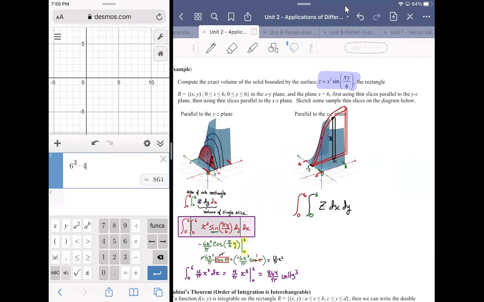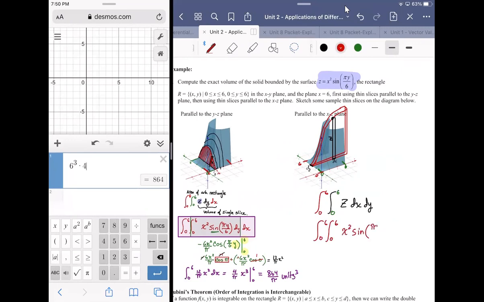But we'd be looking at a function that looks similar but different, right? So it would be the antiderivative over the integral of 0 to 6. The function is x squared sine of pi over 6 y, dx followed by dy.